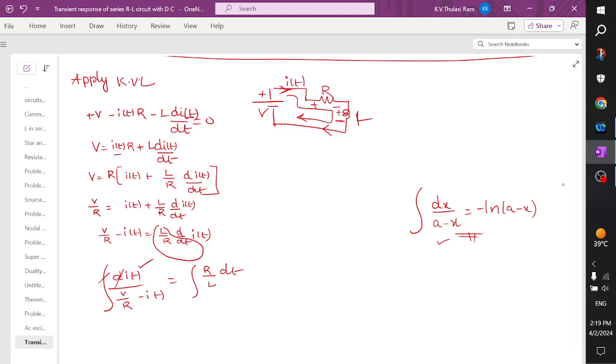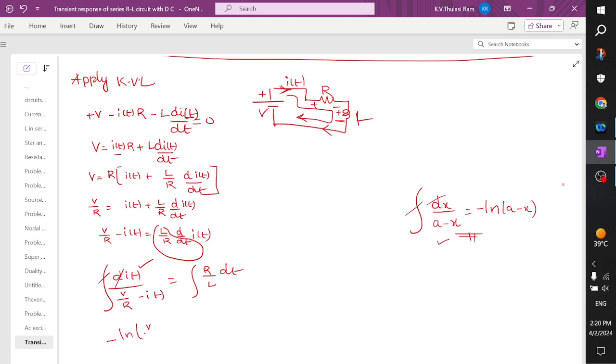Okay, so therefore, integral of dx over a minus x, if you perform differentiation and integration they get cancelled, then you will get the value of current. So this is minus ln a minus x. What is the value of a?